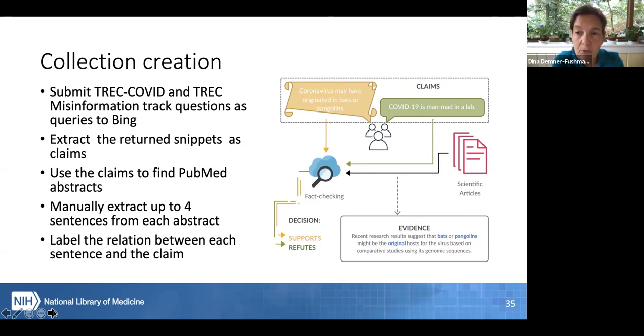So we had to re-rank the results to get the variety of the claims. And then the assessors were instructed to extract up to 4 sentences from each abstract and label each sentence as supporting, refuting, neutral with respect to the claim.